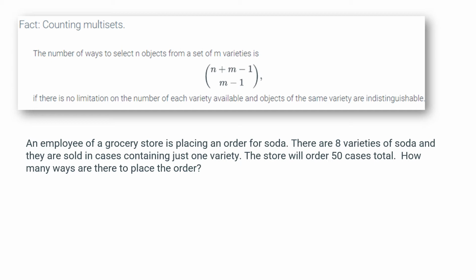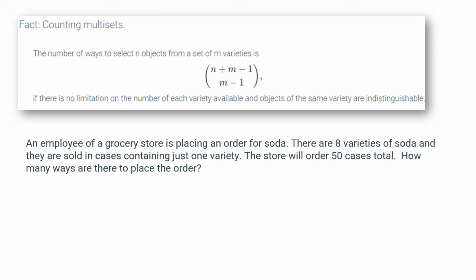So the employee is going to order cases of soda, and there are 8 varieties available. The store will order 50 cases total. How many ways are there to place the order? So they're going to order 50, and there are 8 varieties.